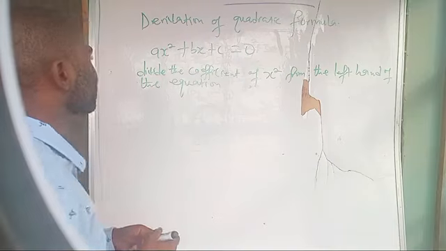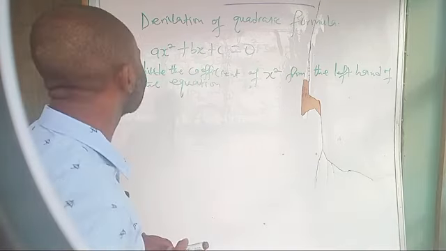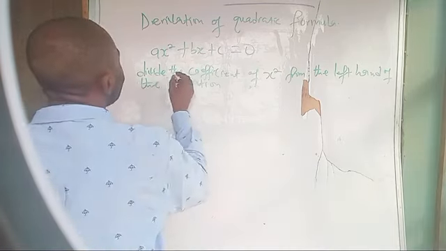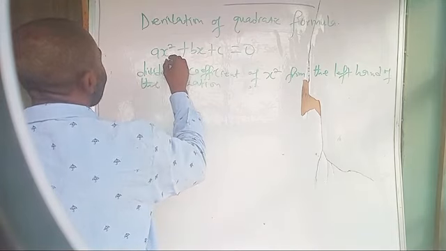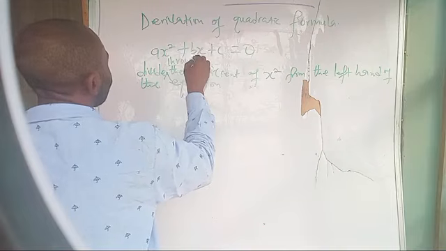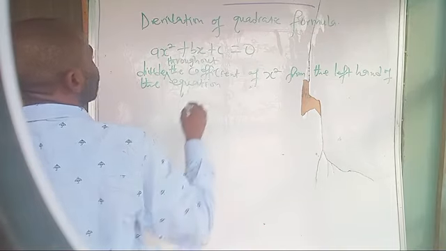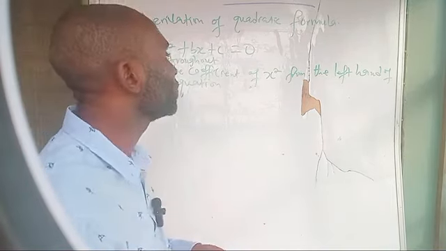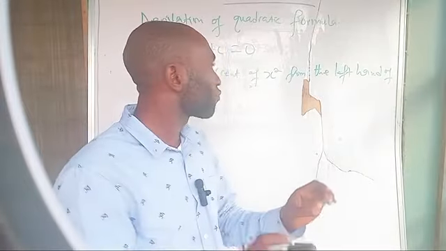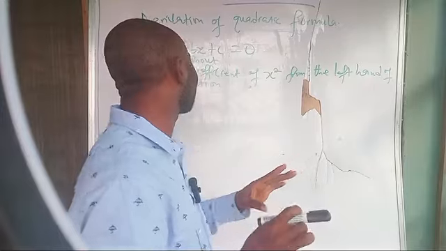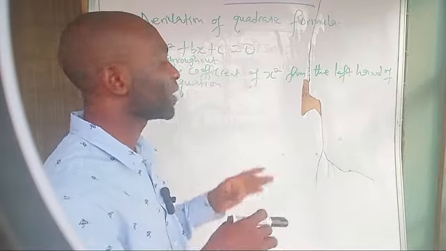So now divide throughout the coefficient of x squared from the left hand side of the equation.